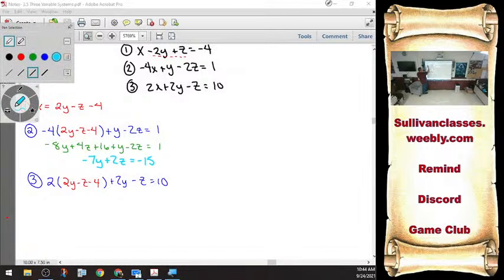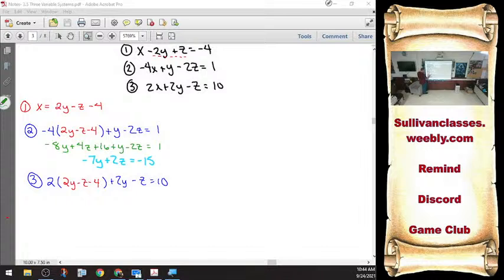Do it again. 4y minus 2z minus 8 plus 2y minus z is 10. It's a lot of writing. Oh, my knees just made noises. 4y, -2z and 2z is 0.